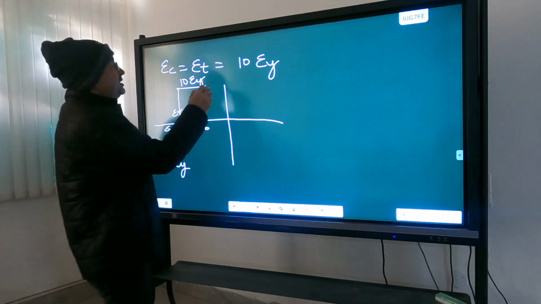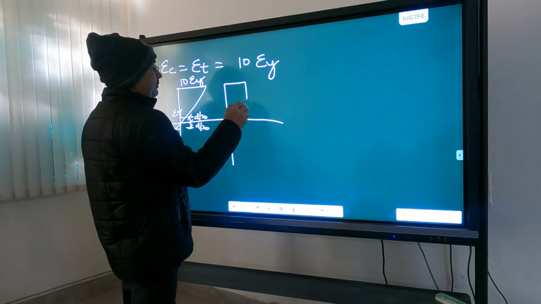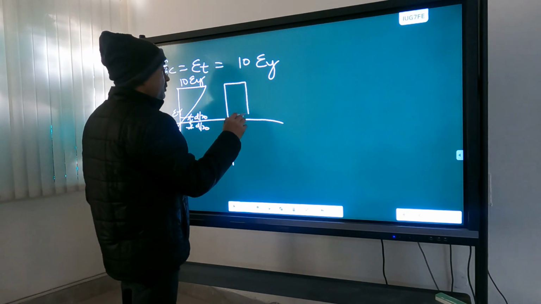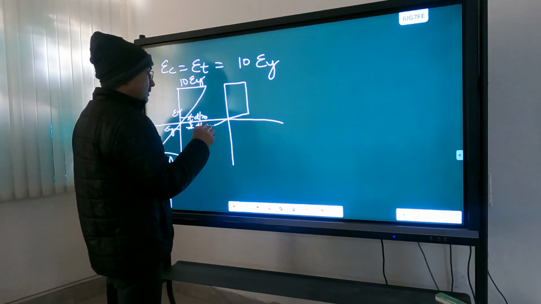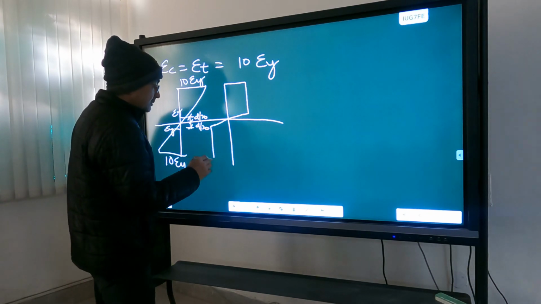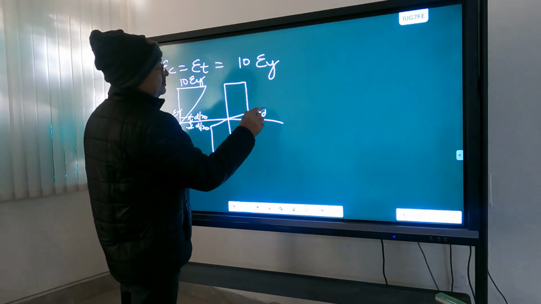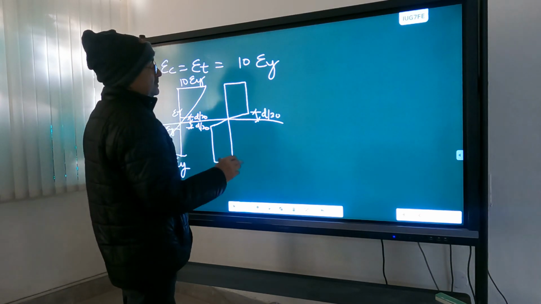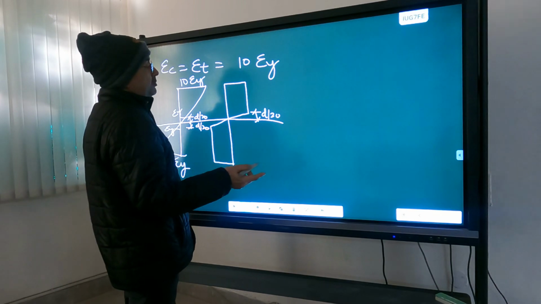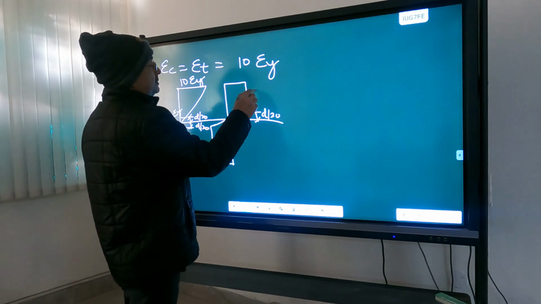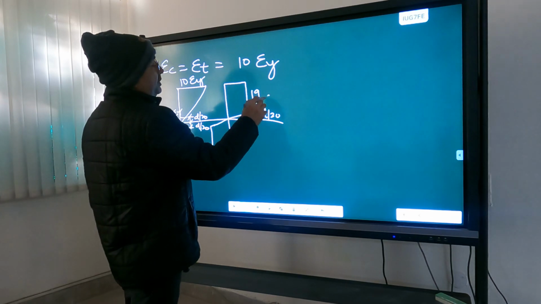So what will be the stress diagram? The stress diagram will be uniform up to this d by 20, and it will be triangular within this d by 20. And d by 2 minus d by 20 will be how much? 19 by 20 d, is it?